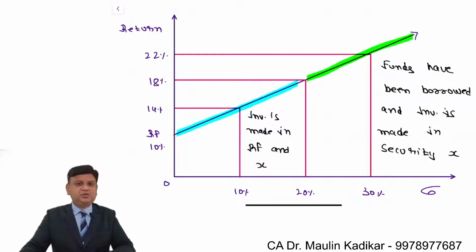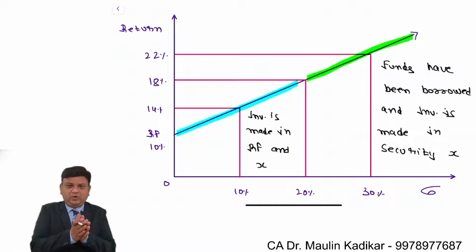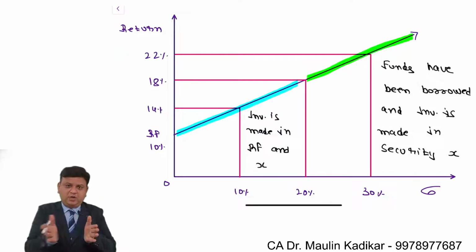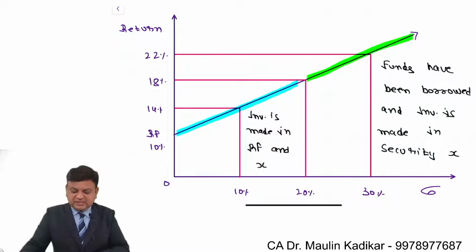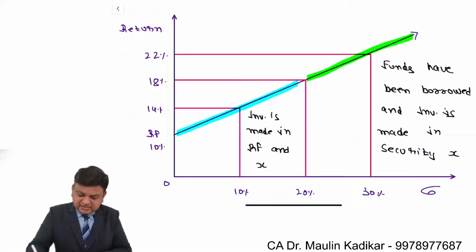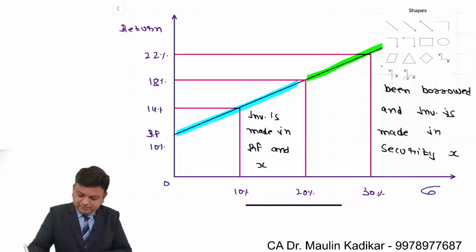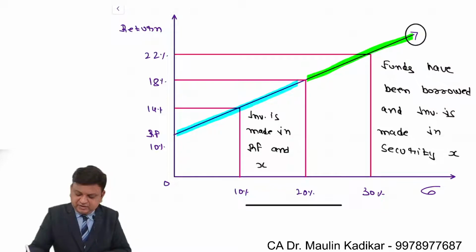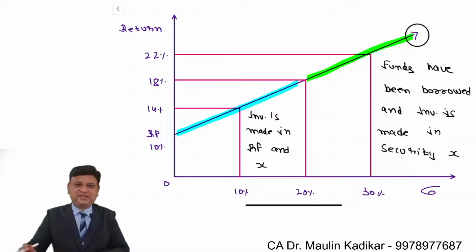And of course, dear students, you understand that the more you borrow and invest, the risk increases, and along with that the return will also increase. That is the reason this line is going for infinite value. This is what we understand.